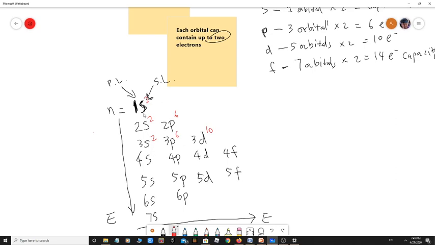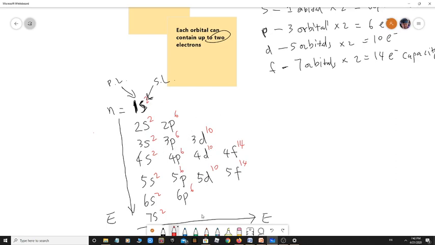4s, just like 2s, 3s, and 1s, will hold up to 2 electrons. 4p will hold up to 6 electrons. 4d will hold up to 10 electrons. 4f will hold up to 14 electrons. And then this is 2, 6, 10, 14, and 2, 6, and 2, 6. So you can see, depending on how many electrons you have, you start filling these in order of energy, and each atom would have a different distribution of electrons.